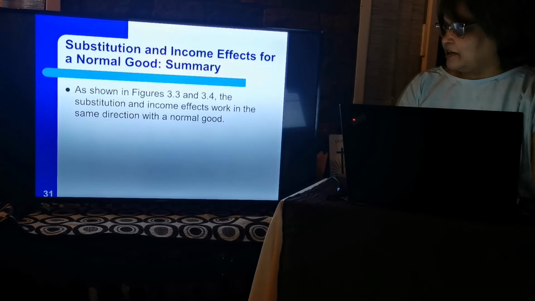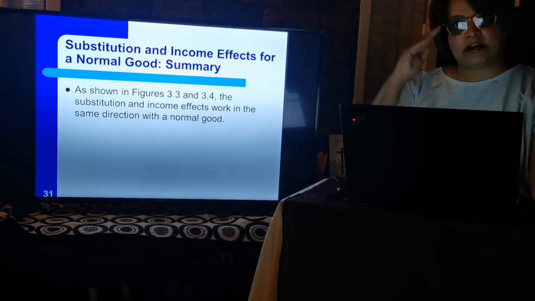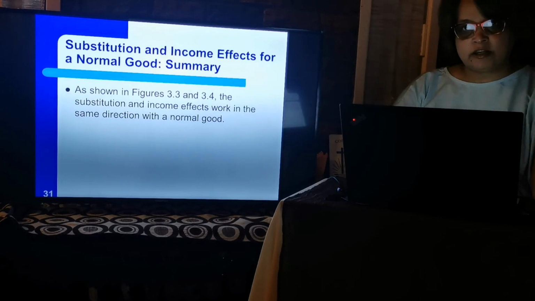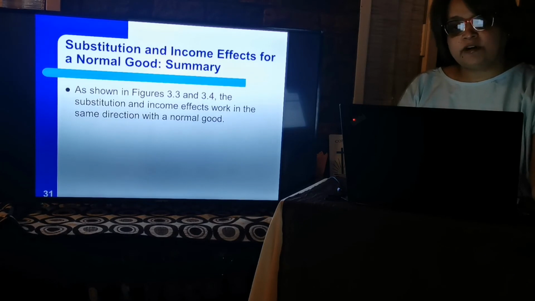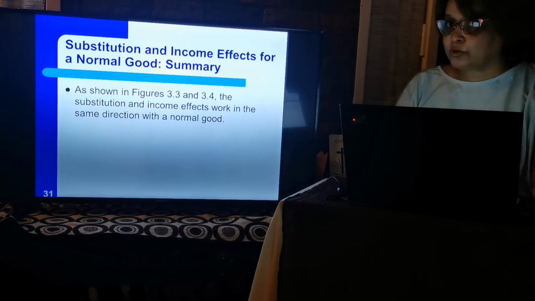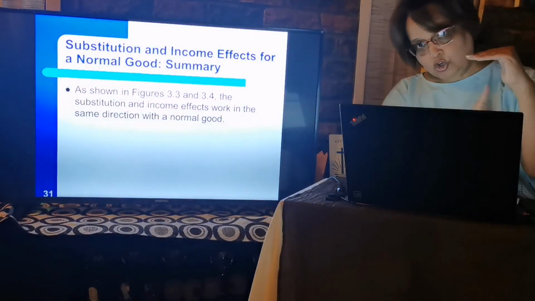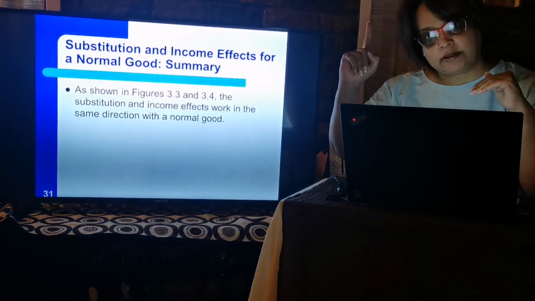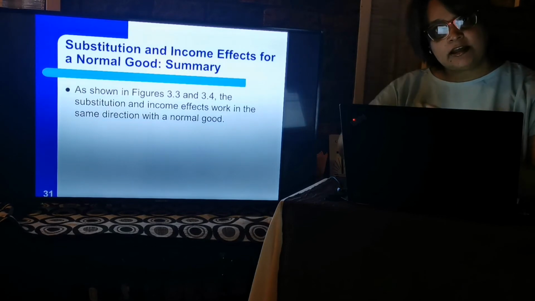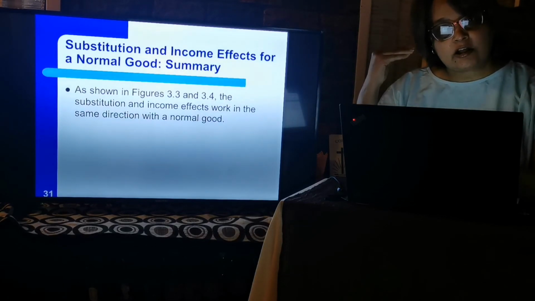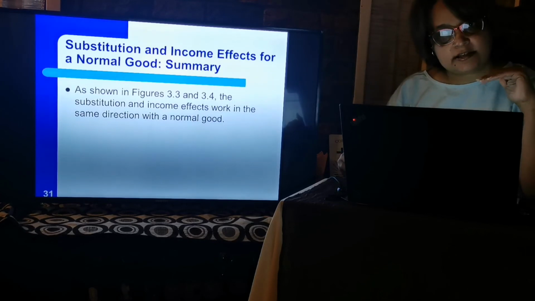Summary. In those two graphs, with your new budget line, your old budget line, and the new choices of substitution and income effect, the substitution and income effects work in the same direction with a normal good. Remember, the price stays the same, and demand increases as your income increases.